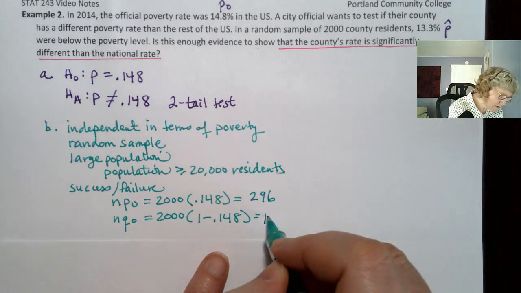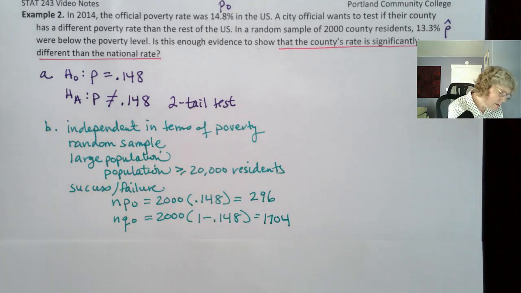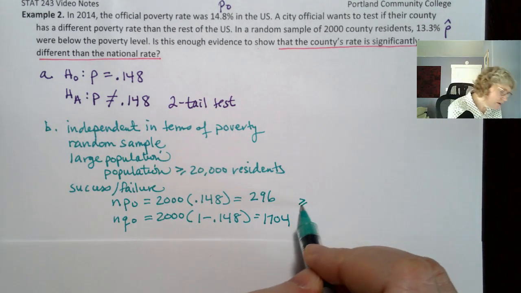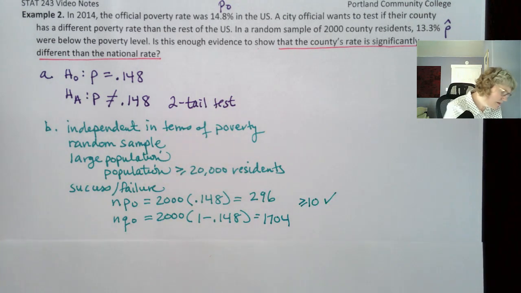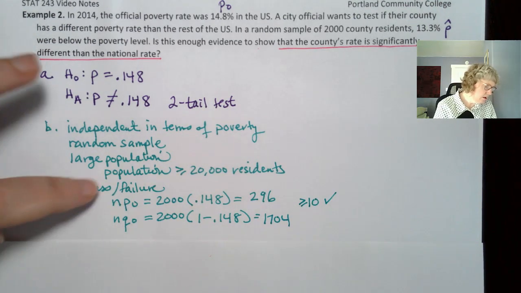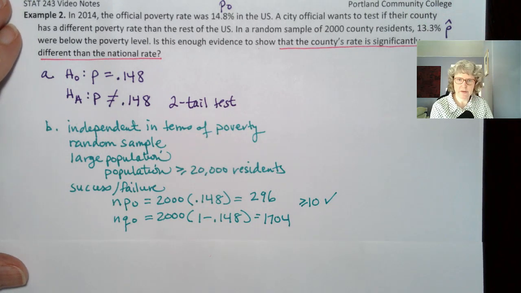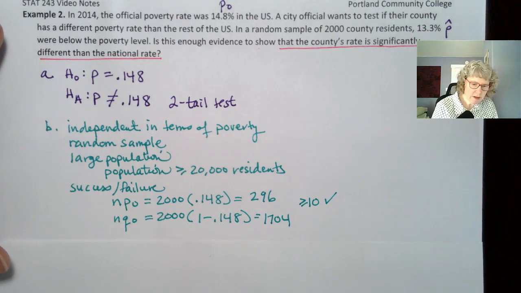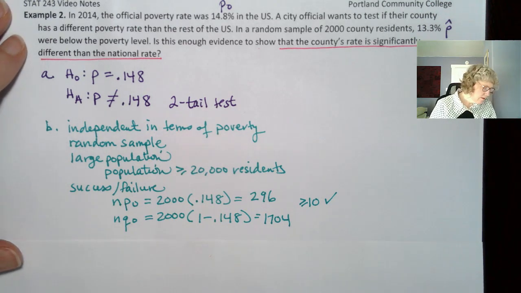And sometimes it helps as a double check. If I was way off, these wouldn't add up to 2,000. Okay, so we are good. These are both greater than or equal to 10, so we're good, as long as that population is 20,000 or more in this county. Okay, so next I'm looking at C, calculate our test statistic.